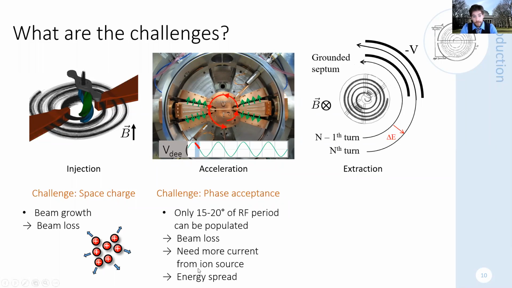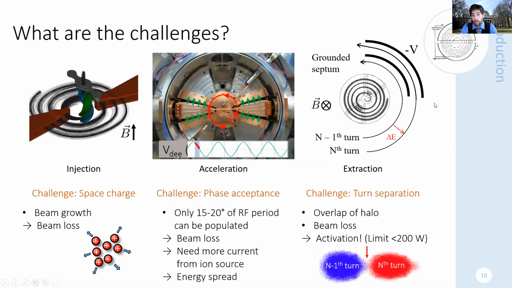And also it increases the energy spread, which then immediately leads to problems at extraction, because energy spread means spread in radial direction of the beam size, and that then will lead to more particles terminating on the electrostatic septum, and the septum can only tolerate a certain amount of power. At PSI, it was determined that in order to keep the activation of the septum to a limit where you can still do hands-on maintenance, you want to lose less than 200 watts on the septum.